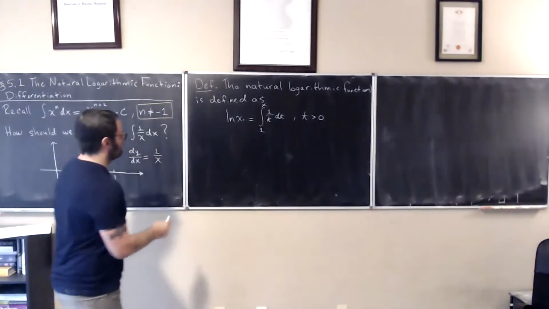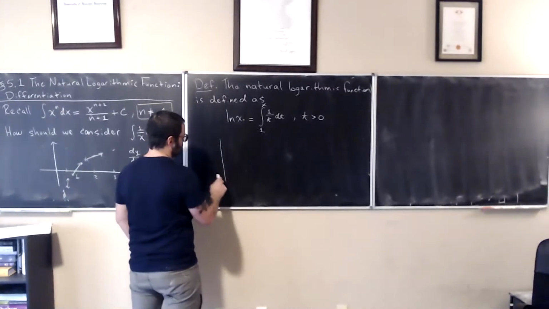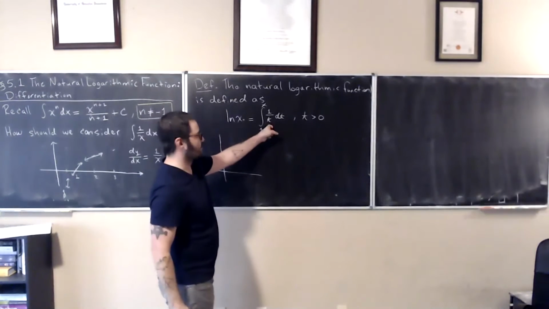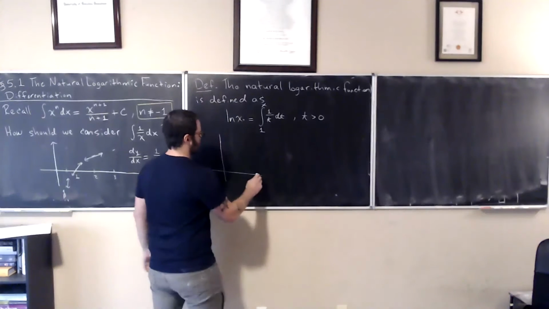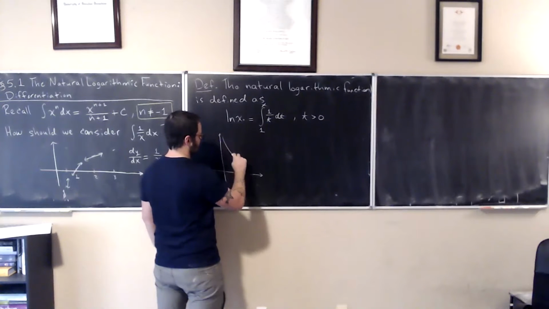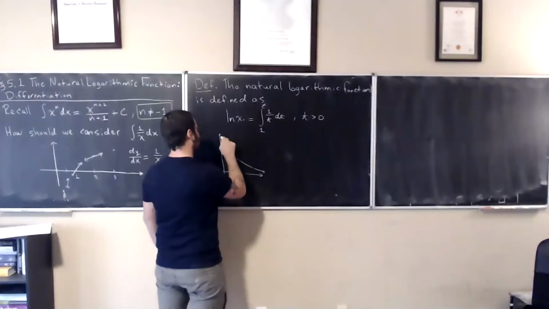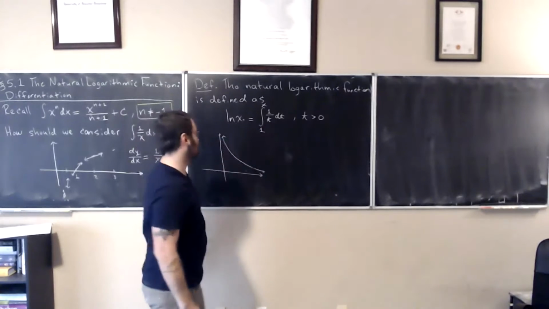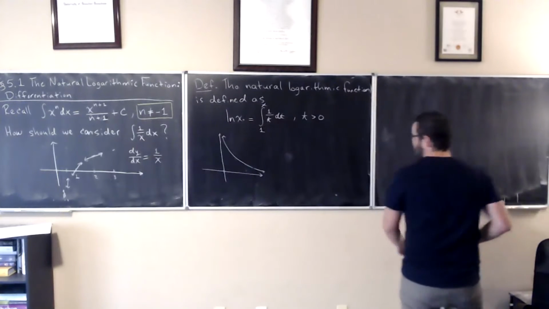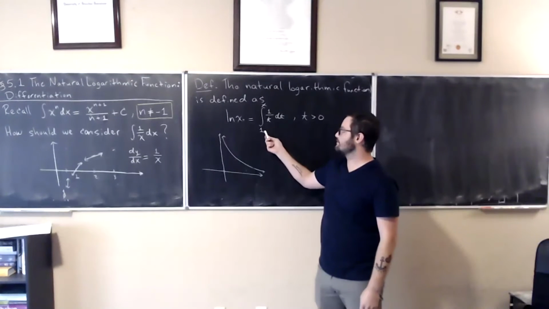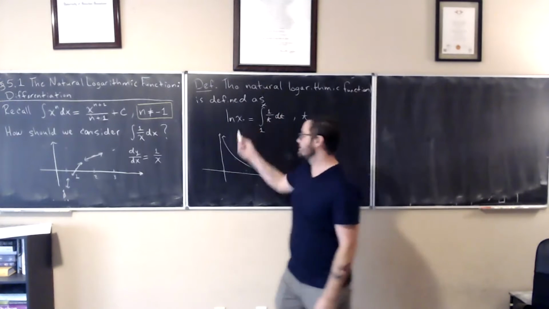So what does this look like? Well, we can interpret this as the area under a curve, right? So that's our curve, 1 over t. 1 over t looks something like this. Now this curve is not natural log of x. This is 1 over t, for t greater than 0. This function is equal to the definite integral from 1 to x for a given x.